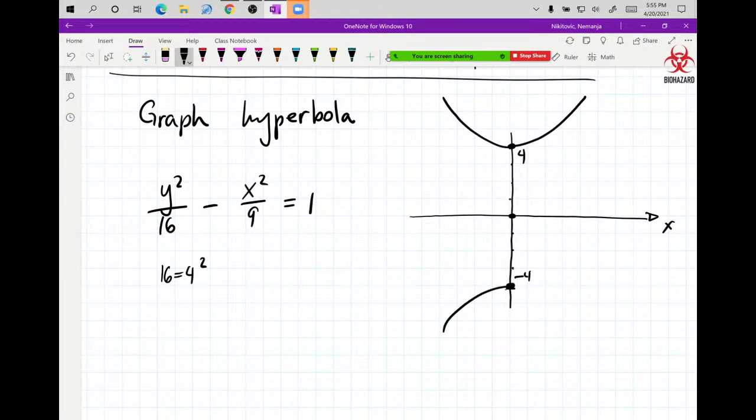As long as you draw the hyperbola decently, we're good to go. Now, as you can see, we did not use 9. And the 9, as I said, will be used in a formula to calculate C, which will eventually give you the location of the focal points F1 and F2.